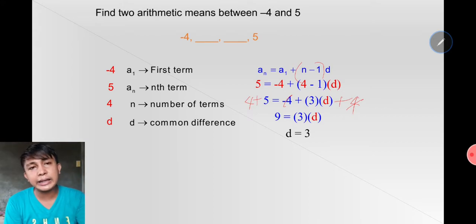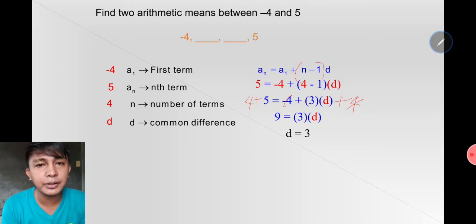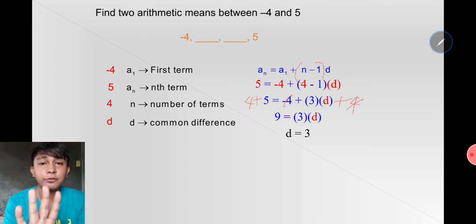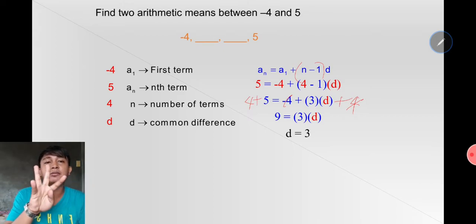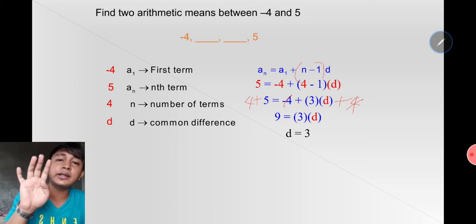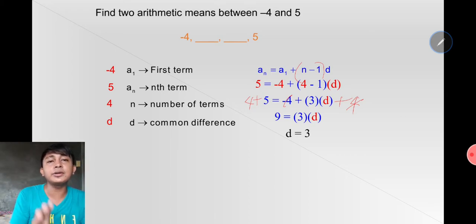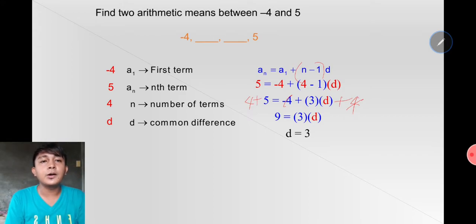So makukuha na natin yung second term and the third term. So we have 4 terms. Given ang first term and the last term, we have negative 4 and 5 respectively. So ang kukunin natin is the second and the third term. The difference is 3. So we just add negative 4 plus 3 to get the second term.